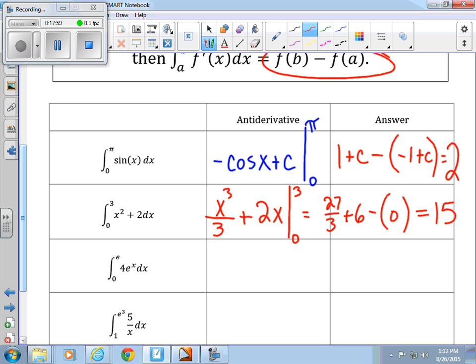Really quick, I want to show you what we've just done. Get your calculator out. Go to your RIE program and do one of these in your RIE program.